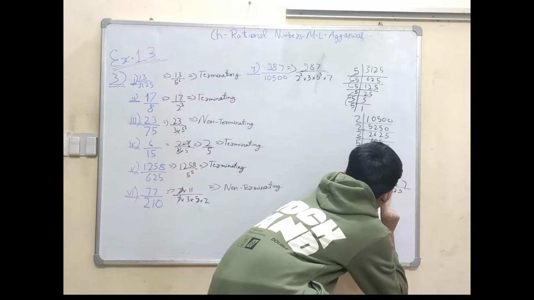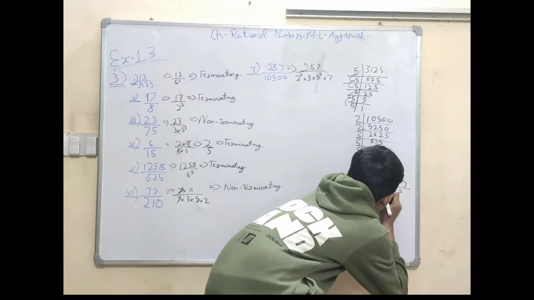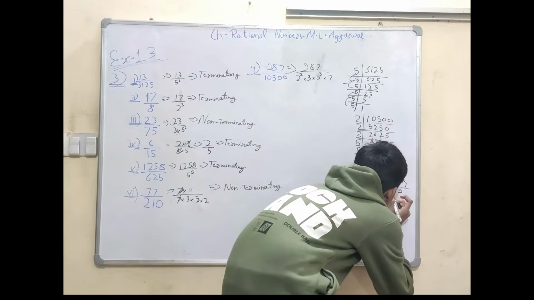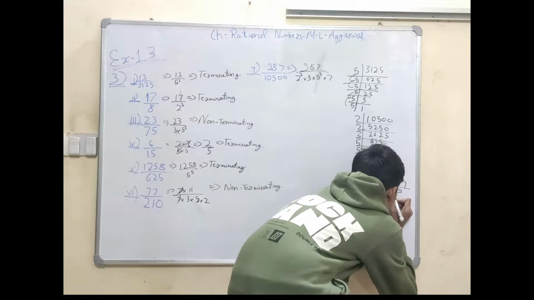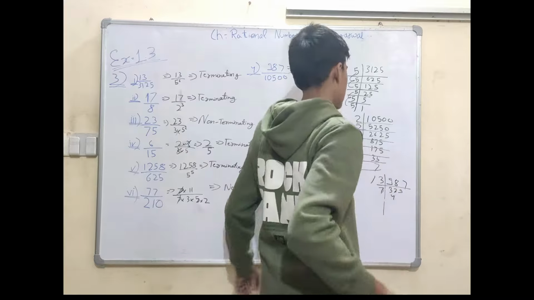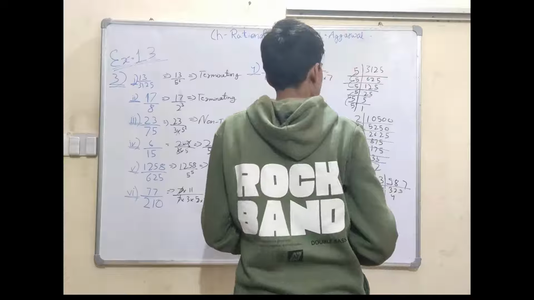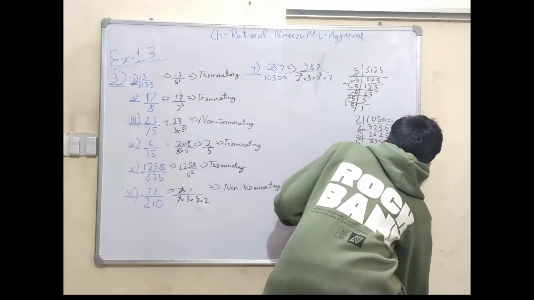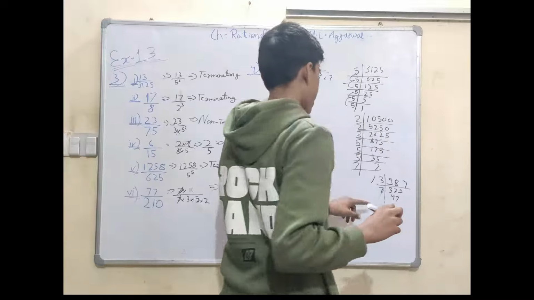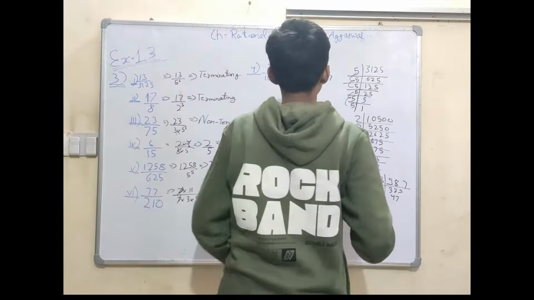Again by 3, no, it will not be divided by 3, we may try by 7. 7 4s are 28, 4 is left, 49, so 7 7s are 49, so it's 3 into 7 into 47.